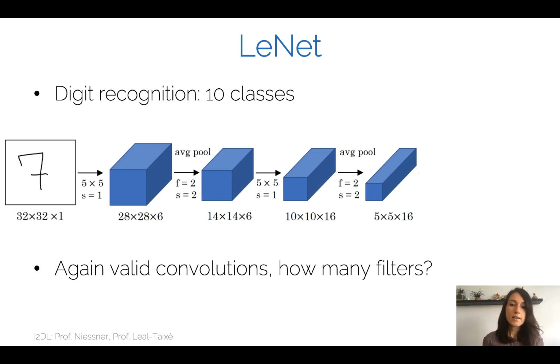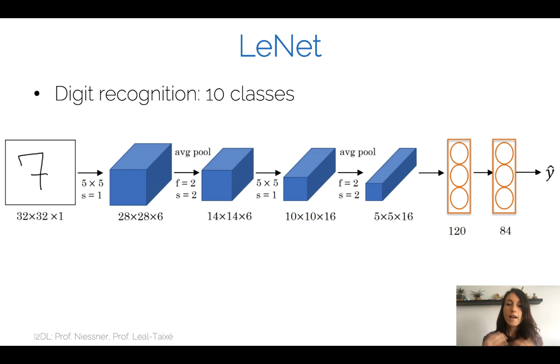We then apply, again, valid convolutions and average pooling. And of course, if the output has depth 16, we know that we have applied 16 convolution filters. Finally, in order to map this feature map of 5 by 5 by 16 into the 10 classes needed for digit recognition, the architecture uses 2 fully connected layers.